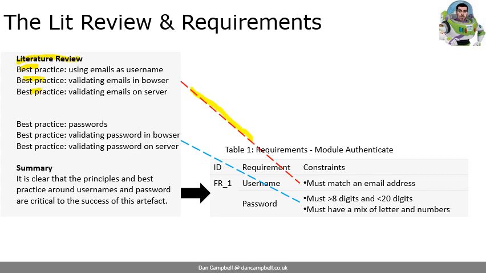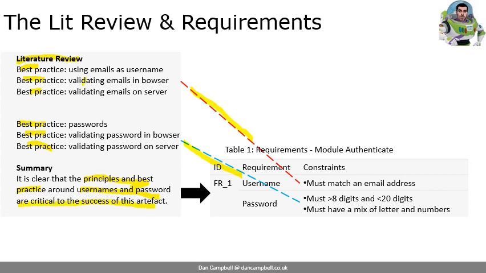And I keep reading and I come across another topic in your literature review looking at passwords in best practice. So in my mind, I'm now thinking there'll be something in the artifact list of requirements about password design or password construction. In the summary, I can see that this person has clearly identified that the principles of best practice around username and password are critical to the success of the artifact.